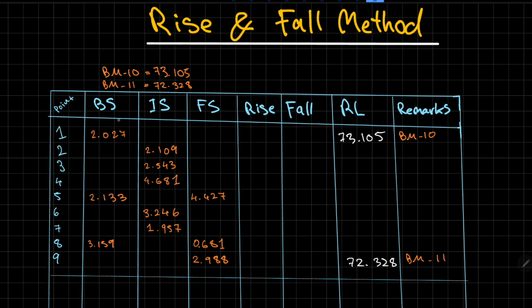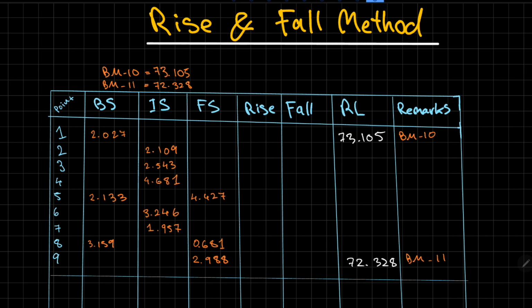Okay, the second step is to find the rise and fall. How we do this is we take the backside minus the intermediate side, and if the result is negative, we are going to put it in the fall section. But if the result is positive, we are going to put it in the rise section.